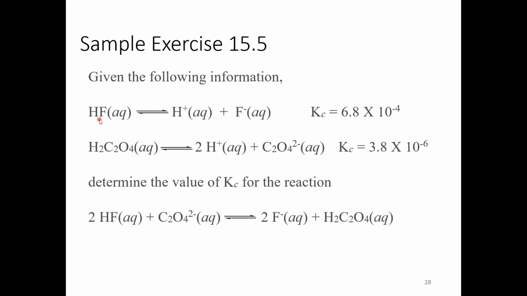So we're going to have to multiply the reaction on the top by 2, which means we're going to have to square this equilibrium constant. And then we'll have to flip this reaction around, which means we'll have to take the inverse of the second.